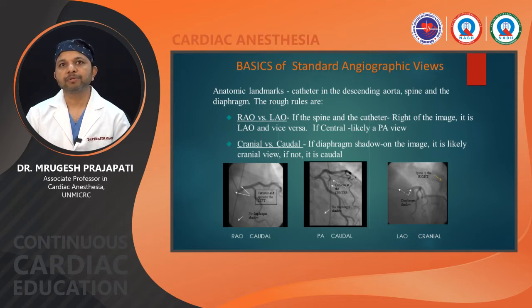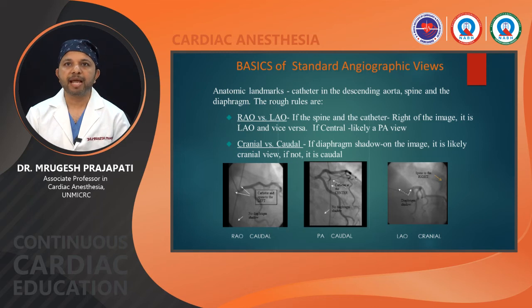A rough rule is: if the spine and the catheter are on the right side of the image, then it is a LAO view, and if they are on the left side of the image, then it is a RAO view. If the spine and catheter are placed centrally, then likely it is a PA view.